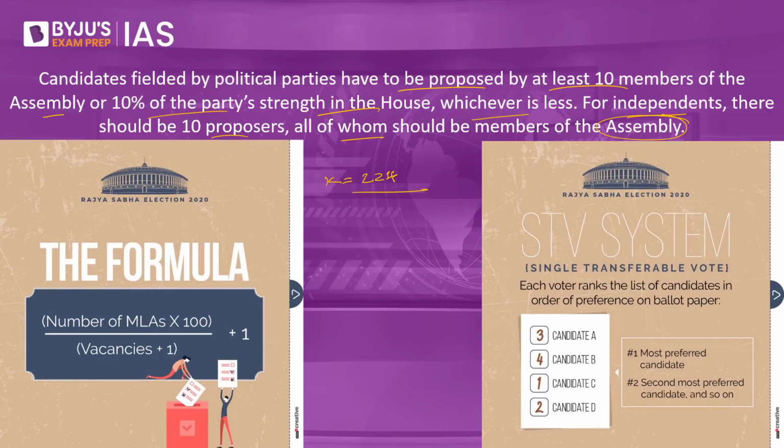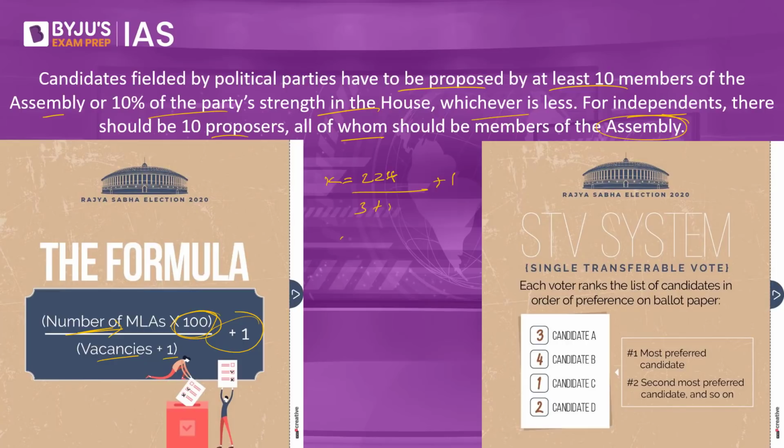The formula is the number of MLAs into 100, let's ignore this 100 for a moment, divided by vacancies plus 1, plus 1. So it means 224 seats in the state of Karnataka. Let's assume there are 3 vacancies in Karnataka, plus 1. This will give a particular number, plus 1.